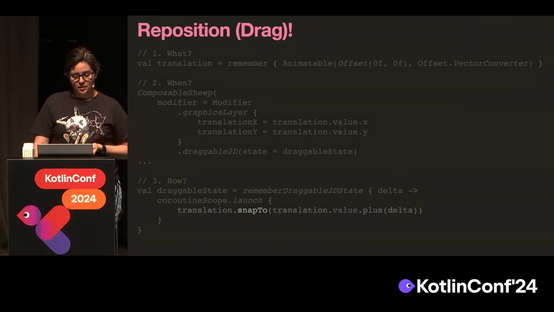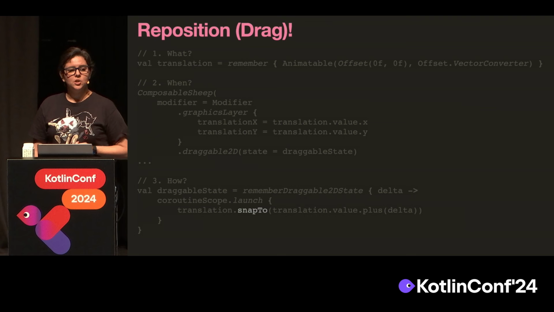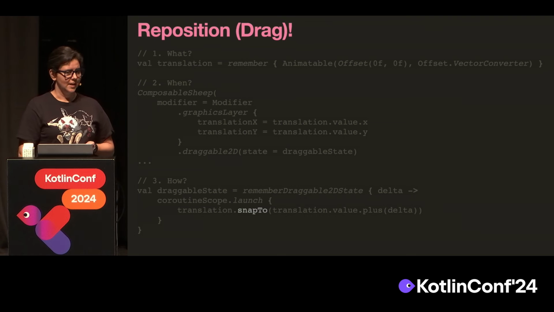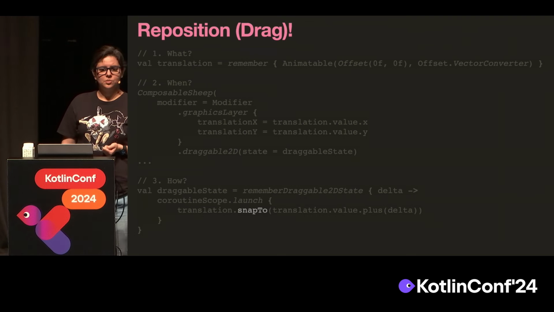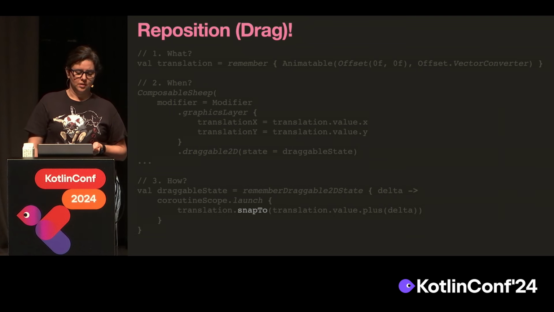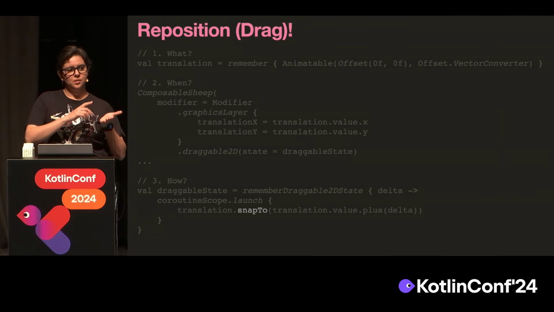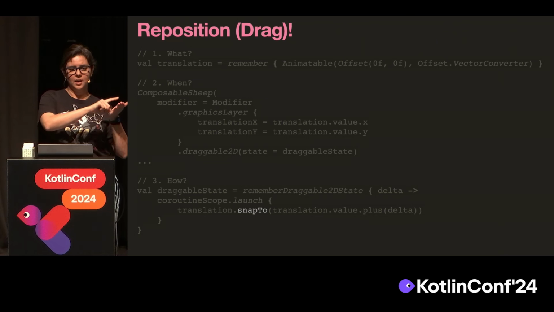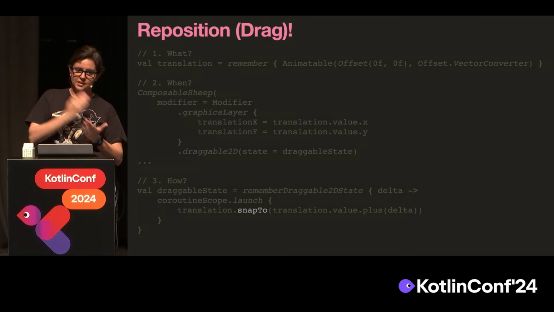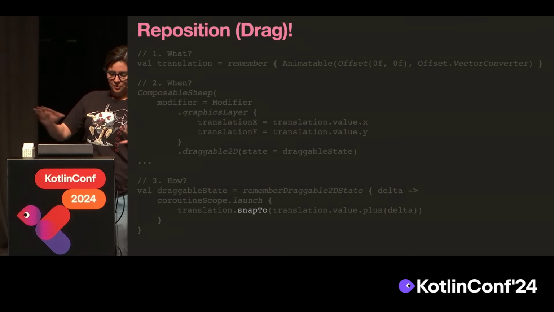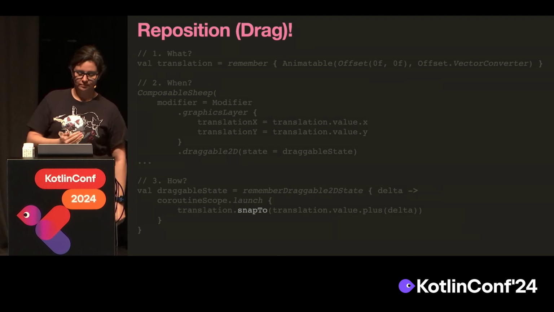Important thing in here is that I am not using animate2 in this case. I am using snap2. And that's something that you're going to see in some animations regarding gestures, because we don't want to slow down the reaction of my chip whenever I'm dragging my finger. I want the chip to be right away where my finger is with no delay. That's why we're snapping right into it, which is basically going to ignore all animation values and just move there.